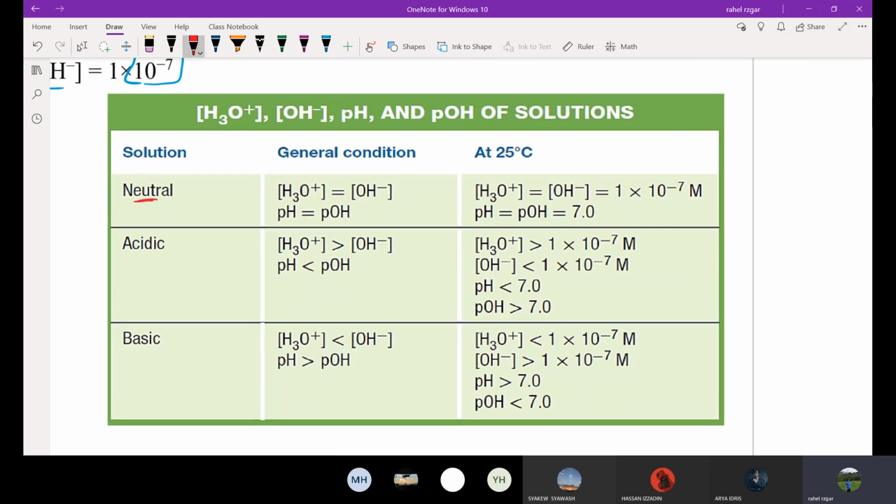If a solution is neutral, we said it before, the concentration of H3O and the concentration of OH are equal, which was 10 to the power minus 7. Then minus log of H3O and minus log of OH will also be the same.